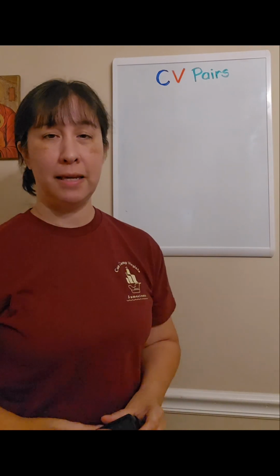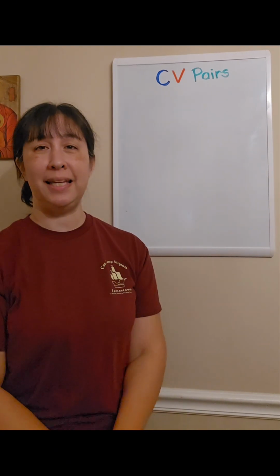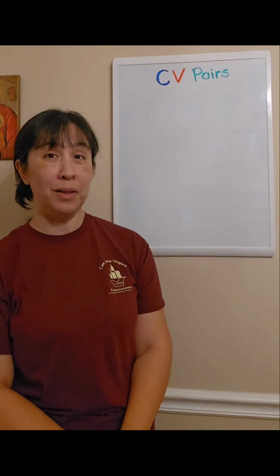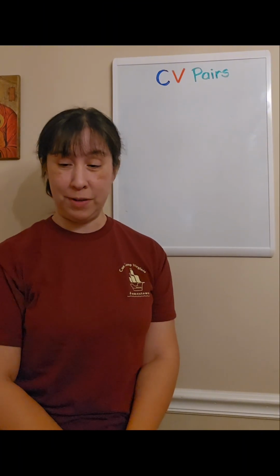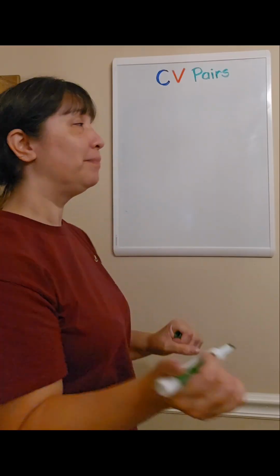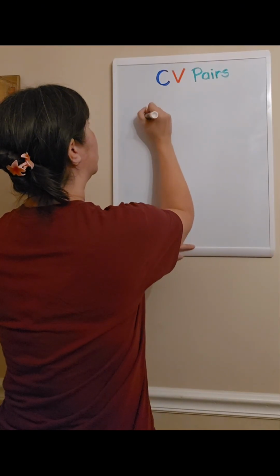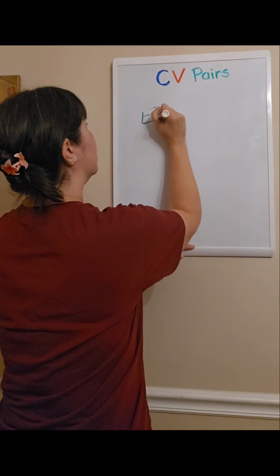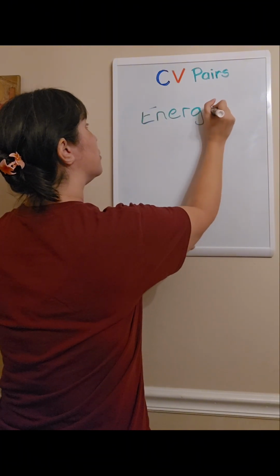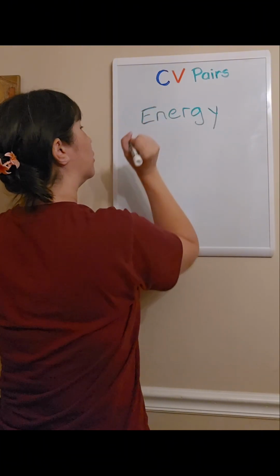Now the next example I have for you is a word that starts with a vowel. So it will be a vowel alone CV pair. And the word is energy. So I'm going to first write it in English. Energy. Quite a fun word.